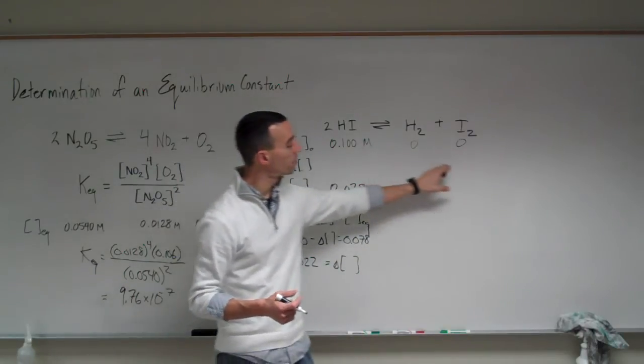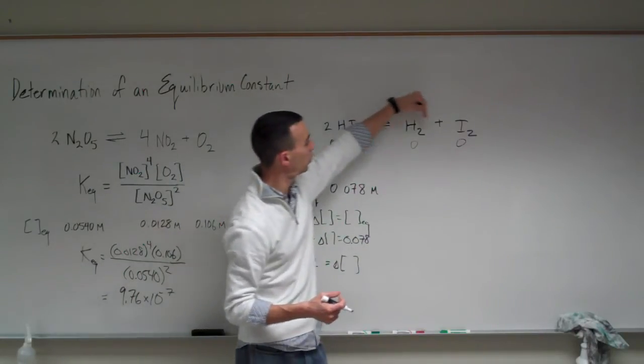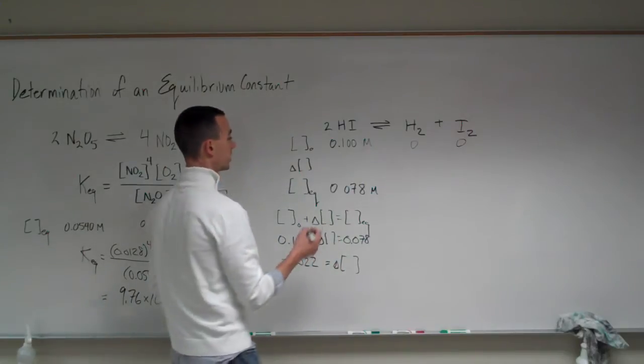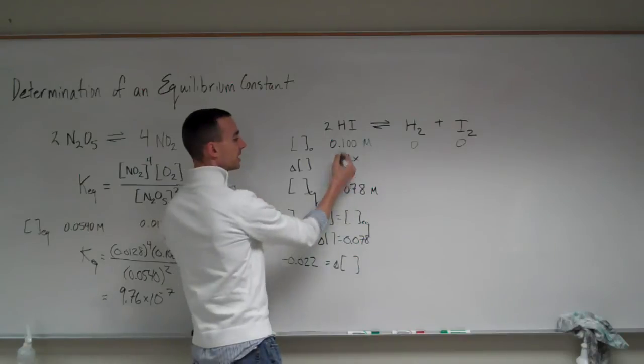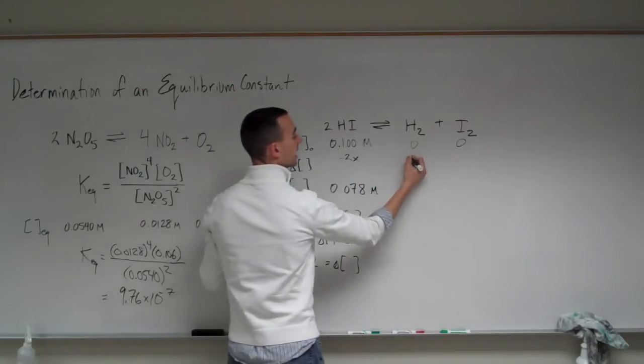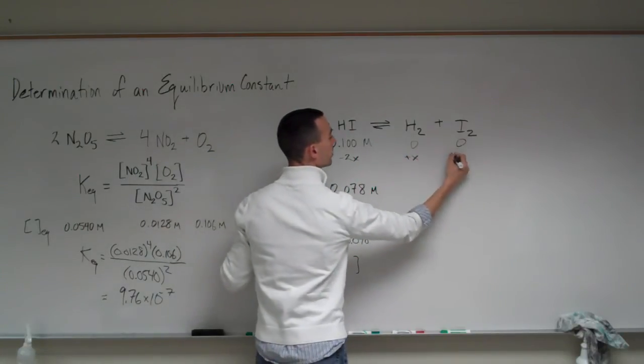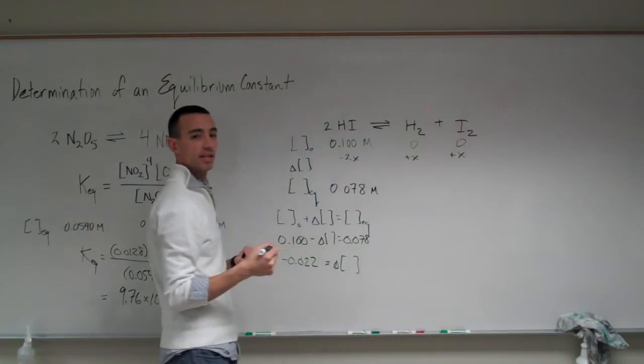This change row, remember, matches the ratio of coefficients of our chemical reaction. So we could say this is minus 2x. We know it's minus because it's decreasing, and that each of these would be increasing by x, an equal amount.